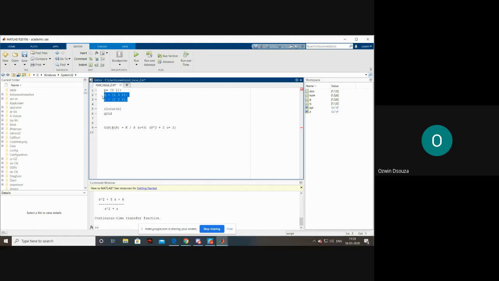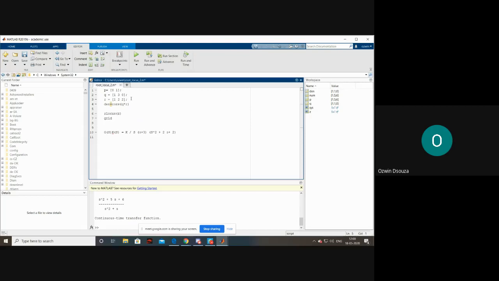We need to multiply these two polynomials in order to get the denominator. So probably you can use code something like denominator is equal to convolution of q comma r, q into r.